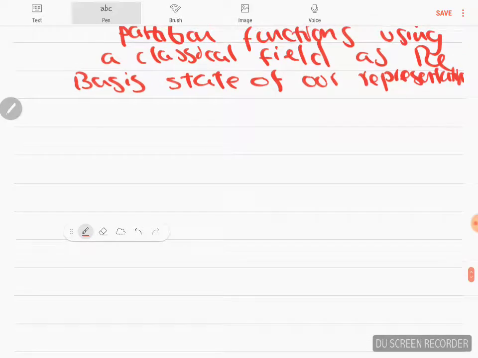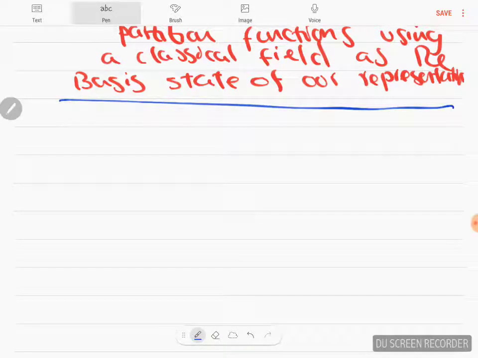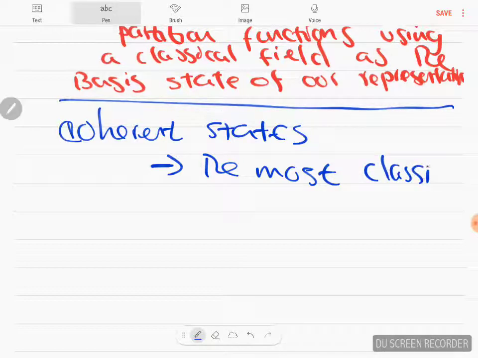What's the most classical state we can find? Well, it's the coherent state. As for light, or for harmonic oscillators, coherent states are the most classical states.